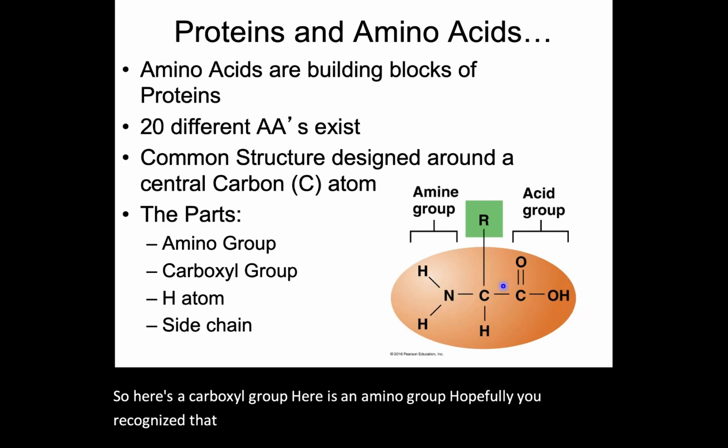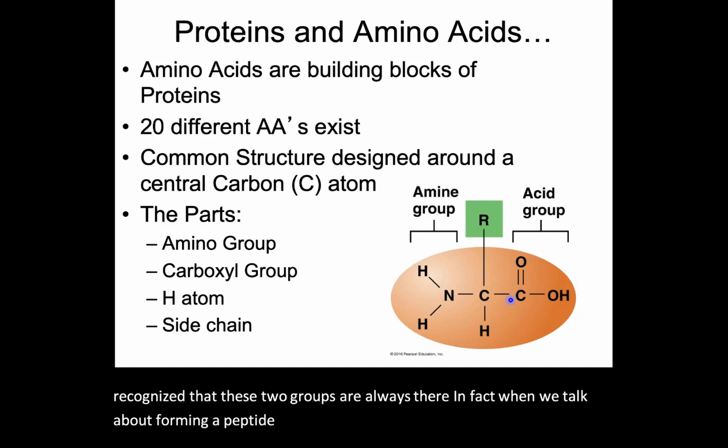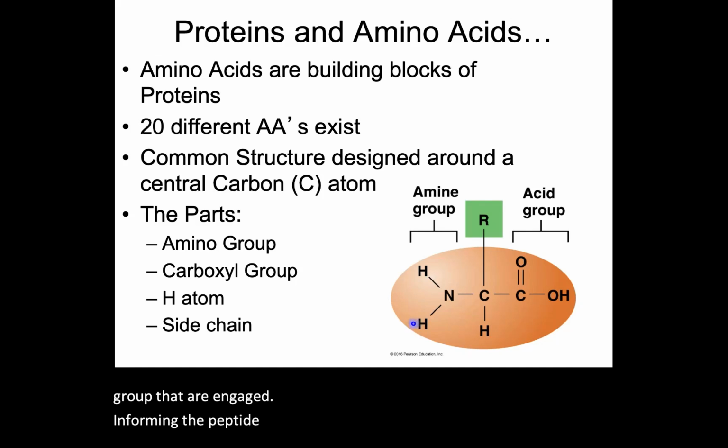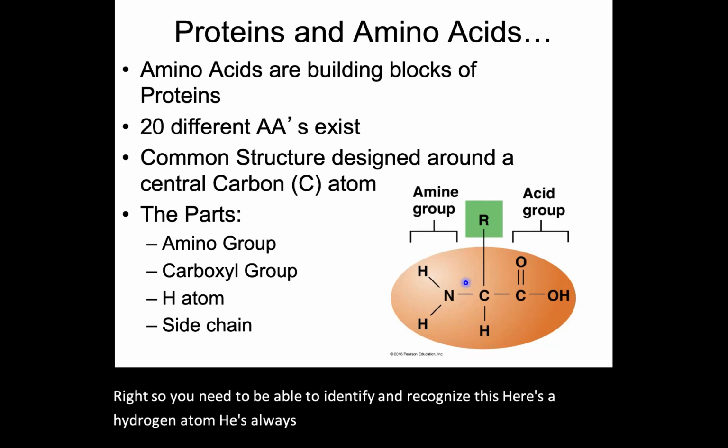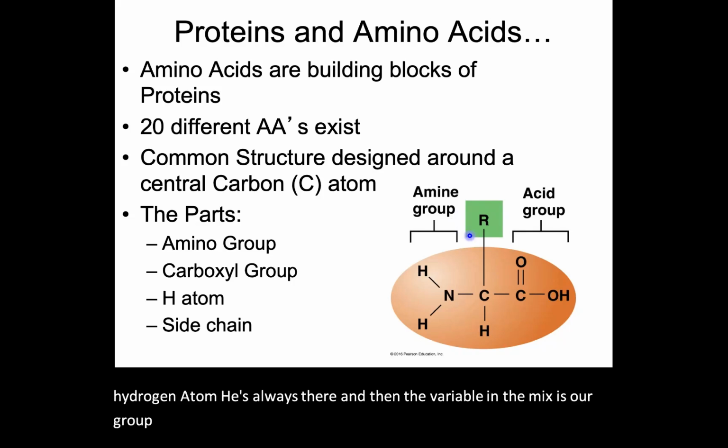These two groups are always there. In fact, when we talk about forming a peptide bond, it is the carboxyl group and the amino group that are engaged in forming the peptide bonds that are going to join amino acids. So you need to be able to identify and recognize this. Here's a hydrogen atom. It's always there. And then the variable in the mix is this R group, this side chain, or this reactive group.